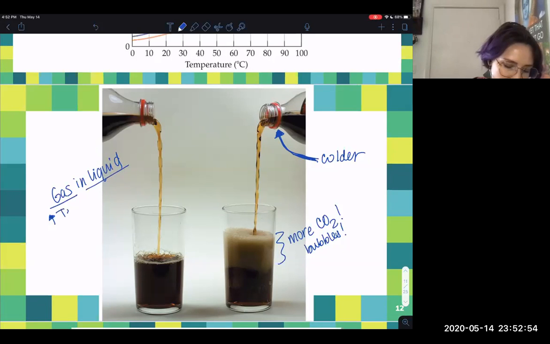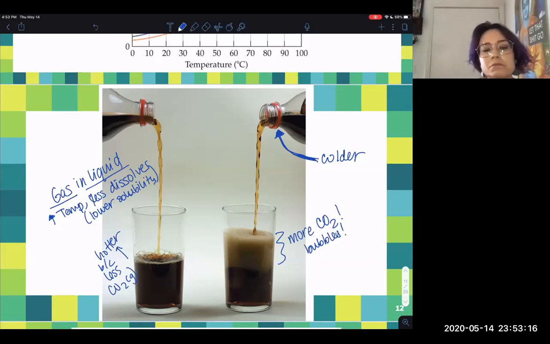Increase temperature, less dissolves. So that lowers the solubility. So this is hotter because less bubbles. Less bubbles than that one. It's flat.